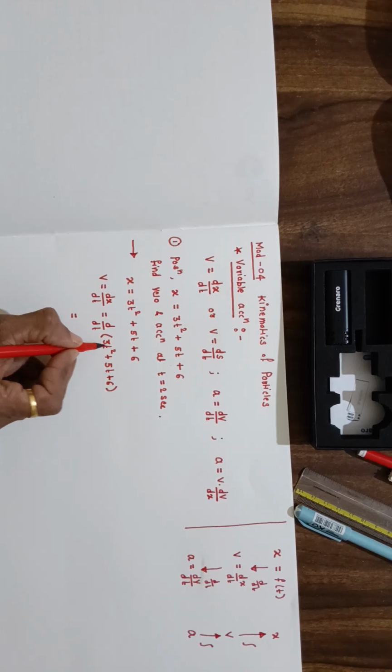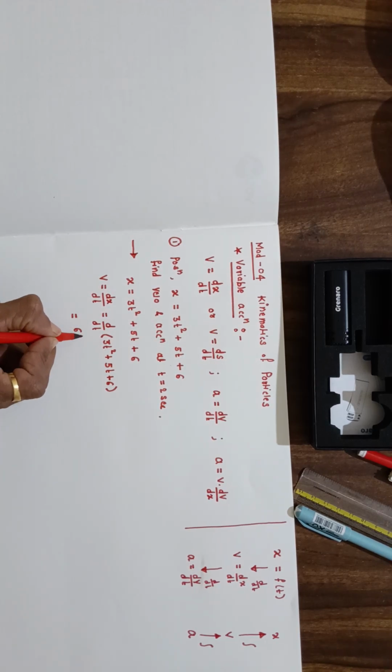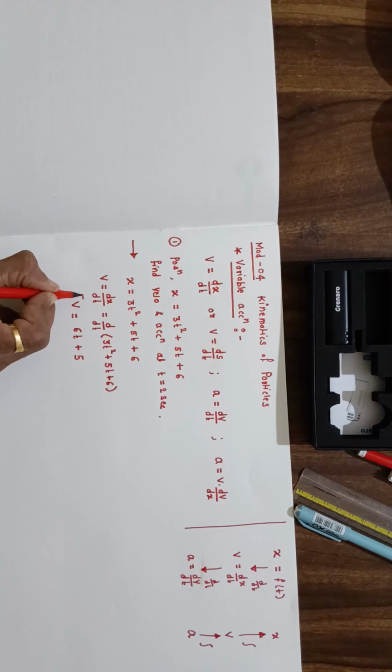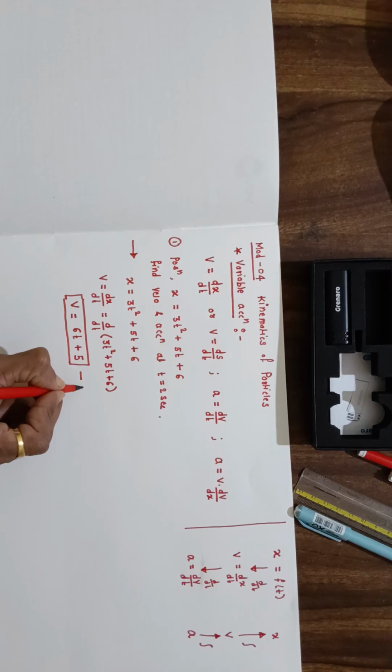Now just differentiate this equation, 3t square will be 6t, plus 5t, the derivative is 5. So this is the equation for velocity, which is 6t plus 5. You can consider it as equation A.